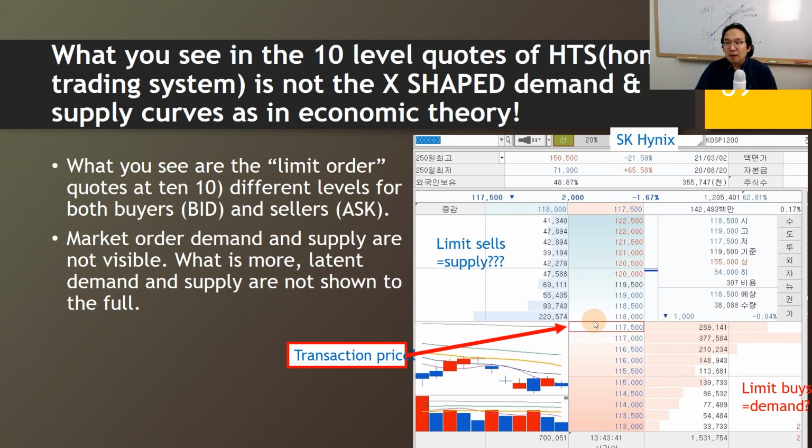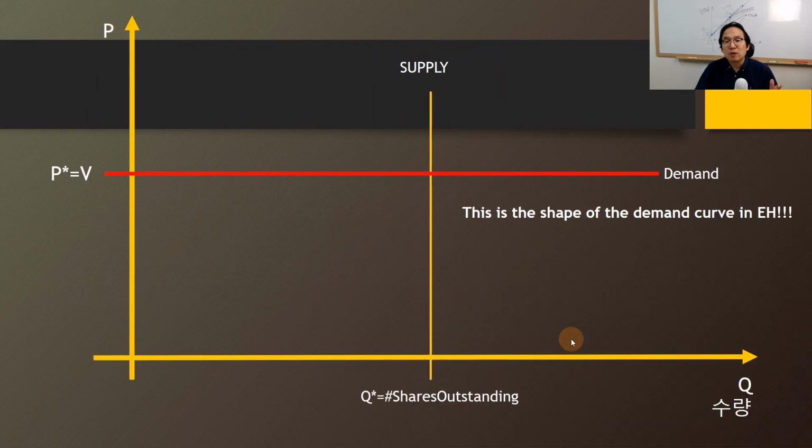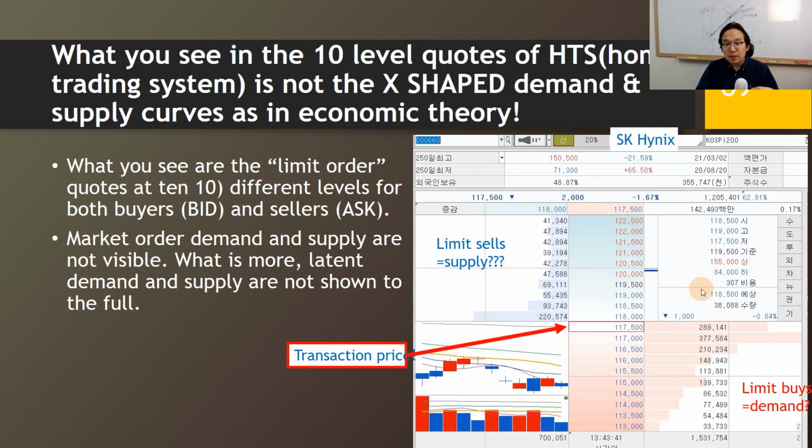Kind of yes, but I say no. For pedagogical purposes and the theoretical EMH setting, we are talking about a laboratory, this very theoretical framework. So the demand curve is flat like this. What you see is not actually this kind of theoretical demand curve and supply curve.